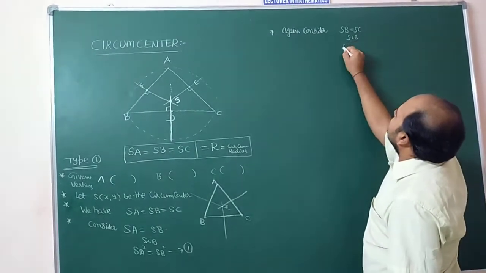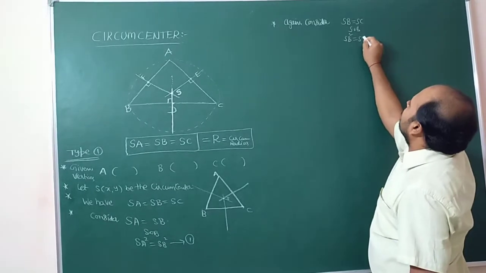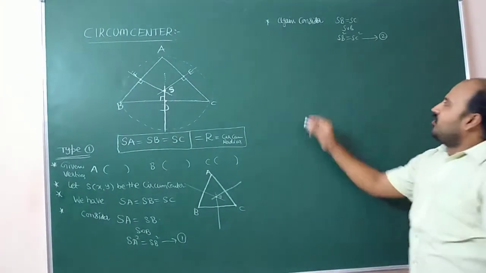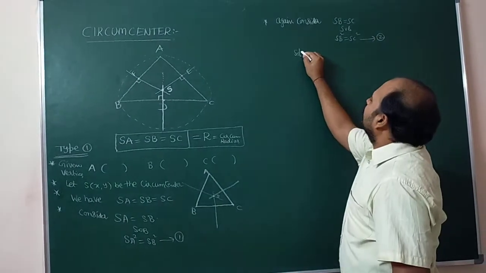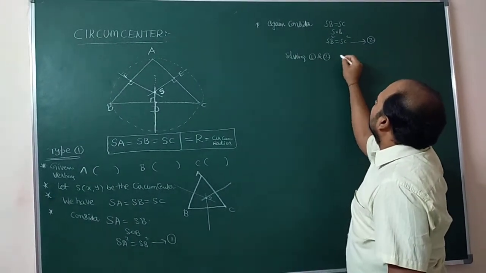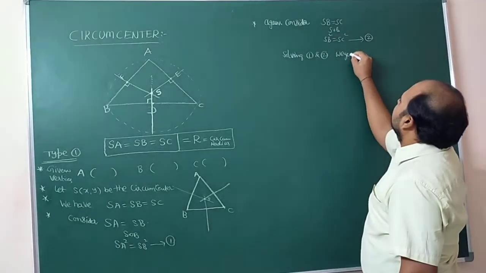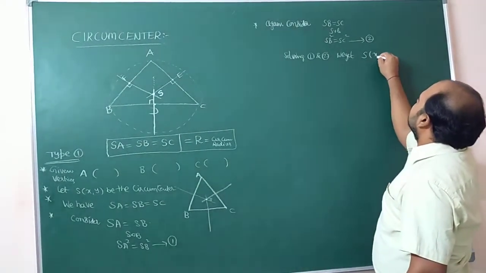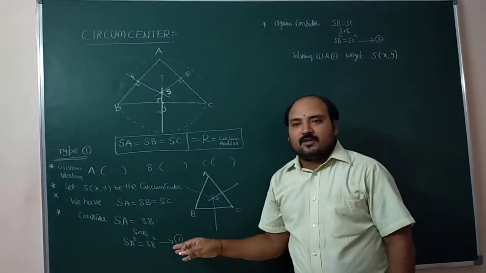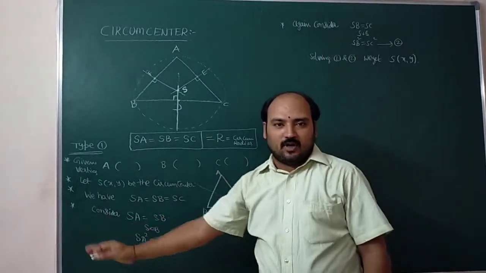Squaring on both sides, SB square equal to SC square. If you simplify you get one more equation. After that, solving 1 and 2, we get S of x comma y, which is the required circumcenter of the triangle. This is type 1.